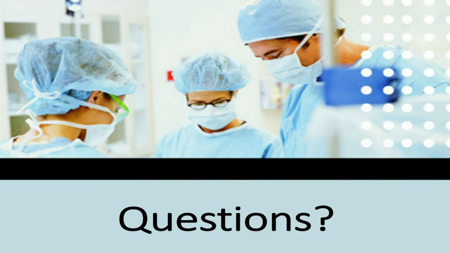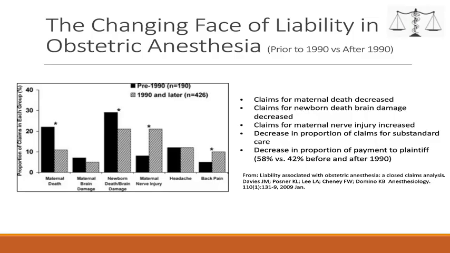All right. Now, this report compared aspects of anesthesia claims both before and after 1990. In a minute, I'll tell you why I think 1990 was chosen. But if you look at this graph, you will see that after 1990, compared to before 1990, the claims for maternal death decreased.